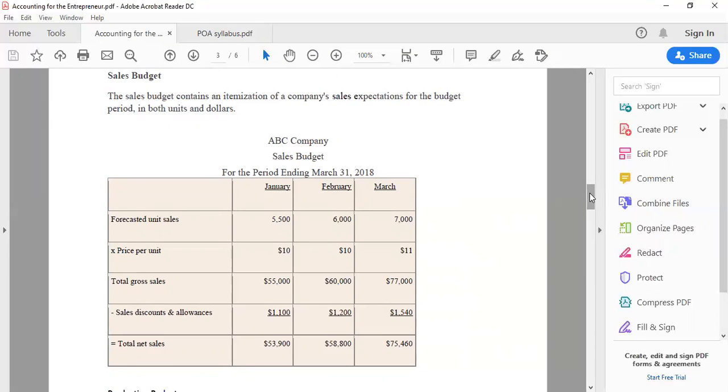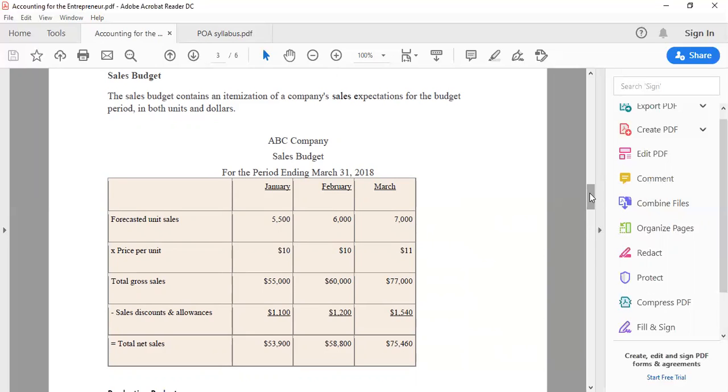The sales discounts or allowances, so that's like, we have a certain amount of sales, but sometimes we might give our customers discounts, or we might allow them a little bit something off, give them an extra unit or extra 5 units. So we have to take that away from the actual sales figure. So that's like discounts allowed. In January, we had $1,100 in discounts.